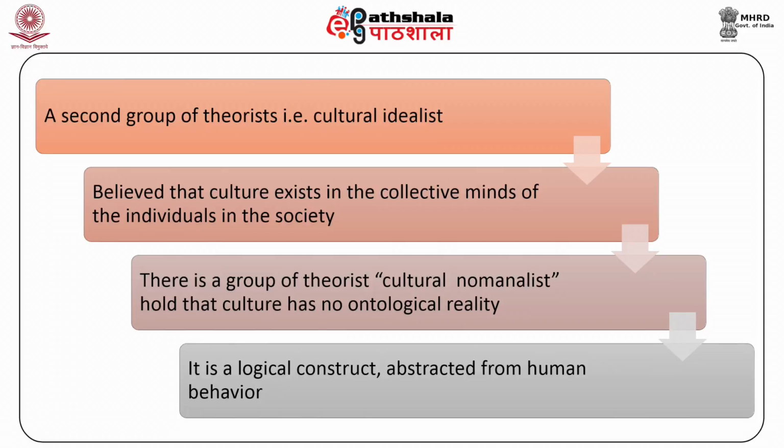However, there is a group of theorists, cultural normalists, who hold that culture has no ontological reality. It is a logical construct abstracted from human behavior and exists in the mind of the individual.